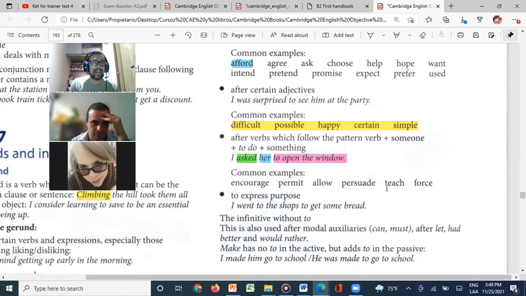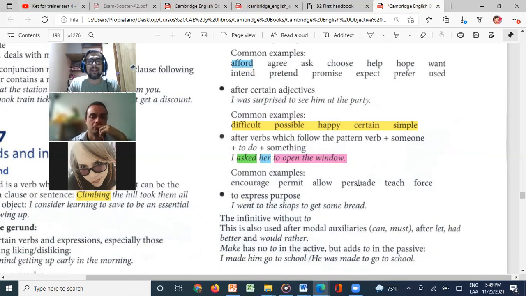For example, you can say, I asked my wife to pick me up at the airport, right? So in that case, you need to use an infinitive.